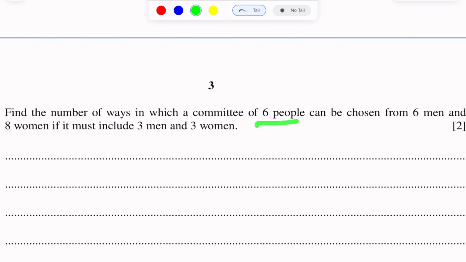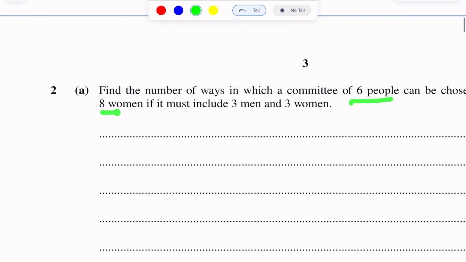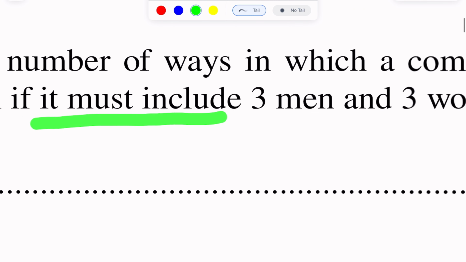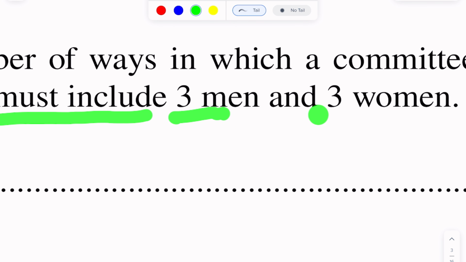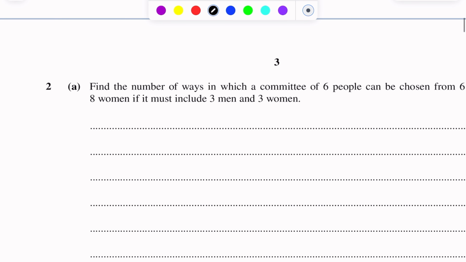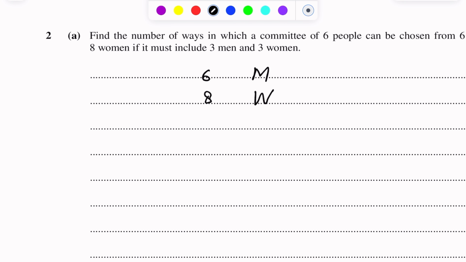we have to choose 6 people from 6 men and 8 women. Restriction is if it must include 3 men and 3 women. So total men 6, women 8, total people become 6 plus 8, 14.